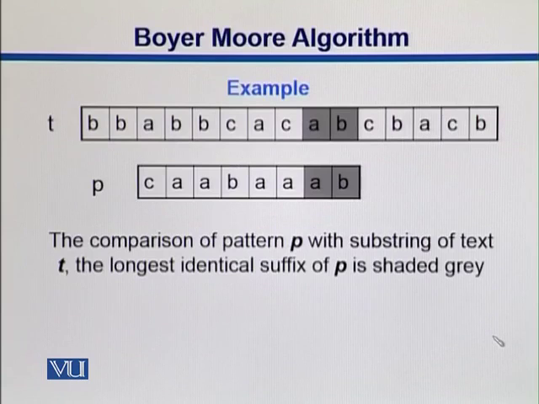We have a mismatch over here at this position. So where is the next occurrence of this element? It starts scanning and then finds it right here. So it tries to align these two characters. That is called the bad character rule.